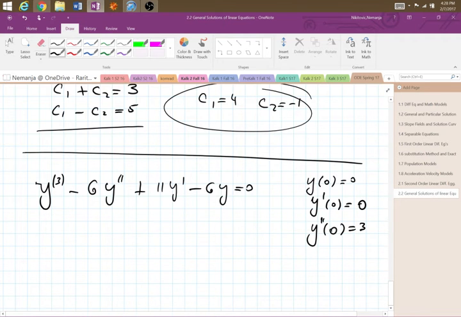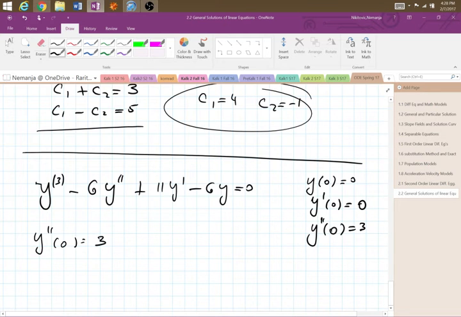So now y prime of 0, y double prime of 0, yeah, so these are solutions. You just put everything on a pile in the book. It's so difficult to read.